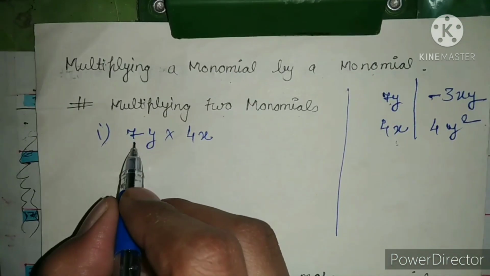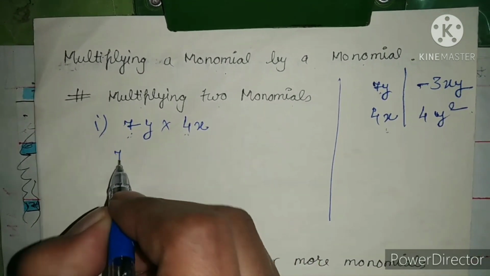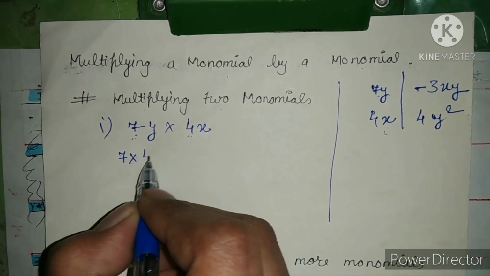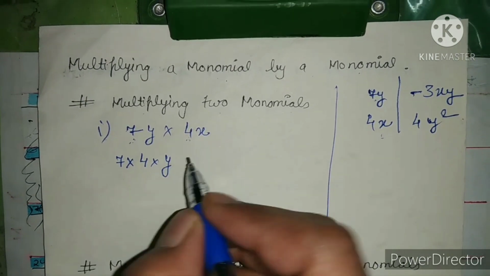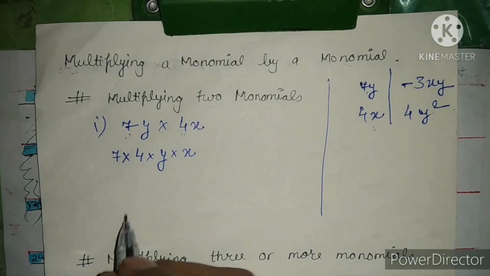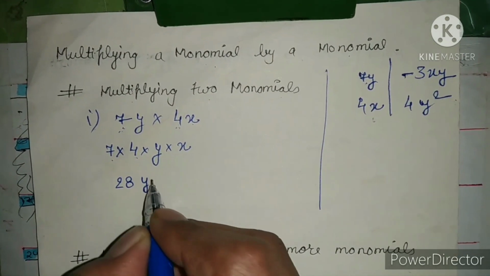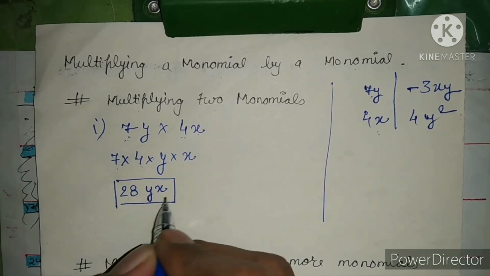The numerical coefficients multiply each other. The first has numerical coefficient 7, the second has 4. The first leaves y and the second leaves x. 7 fours are 28, and y and x stay as they are. So its answer is 28yx.